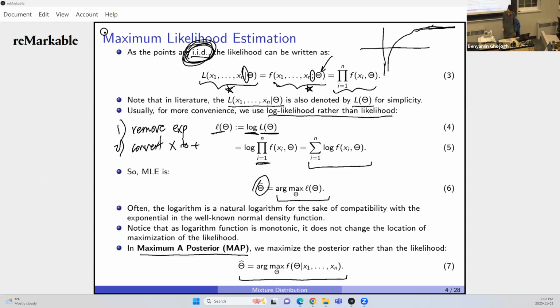That's the maximum likelihood estimation. We also said that we have maximum a posteriori, MAP in short, which maximizes the posterior rather than likelihood. We also said that for the Bayes rule, for the posterior and likelihood, there is a connection between philosophy and mathematics. We also talked about it.